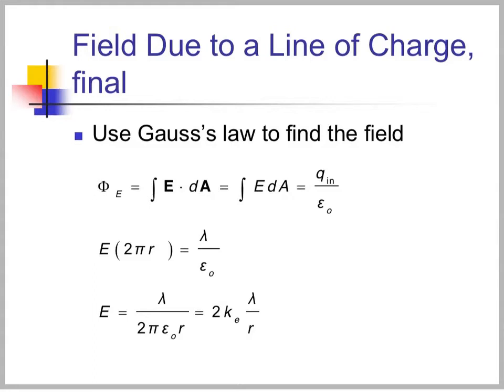Well, the charge inside, it's got a linear charge density lambda times the length of the cylinder. That's all that is in that cylinder, divided by epsilon naught.